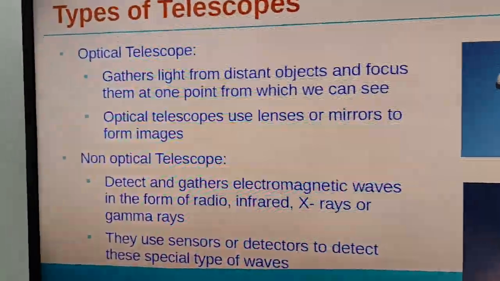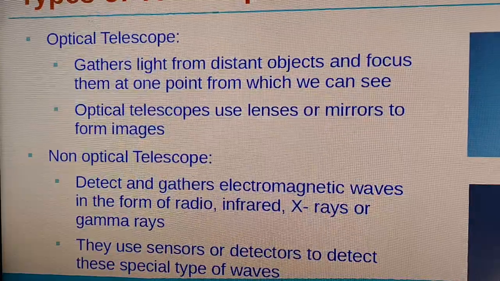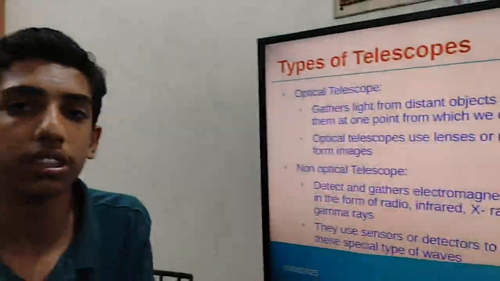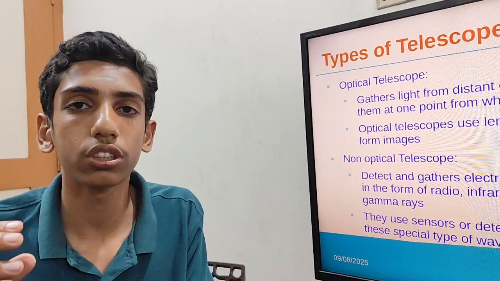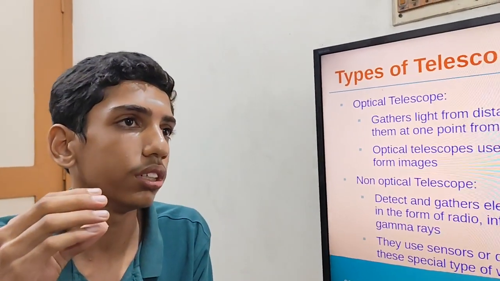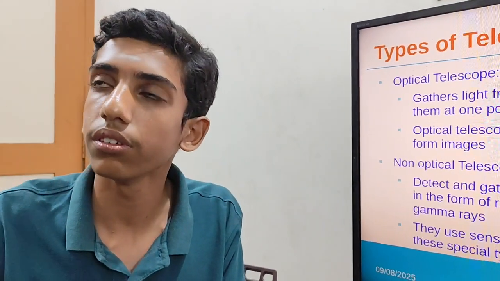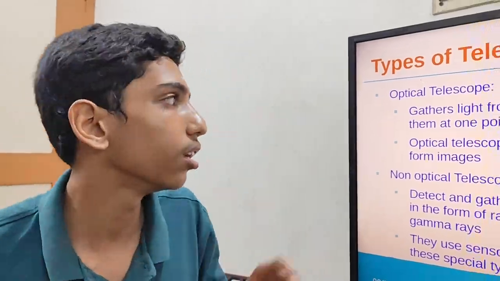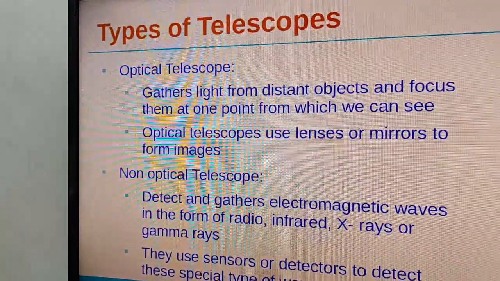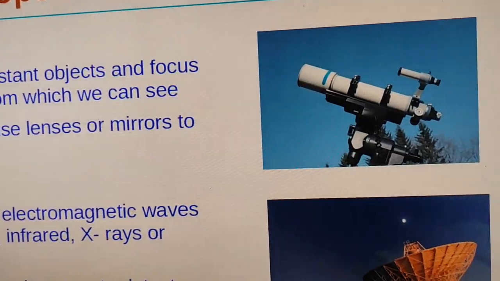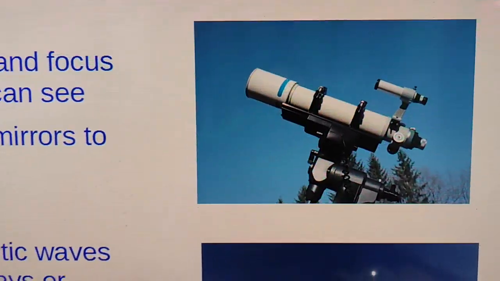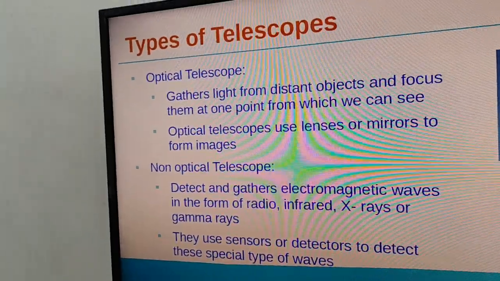Now we will learn the two types of telescopes, optical and non-optical. Optical, the word optical means eyes. So these are the telescopes from which we can see the images exactly by the eyes. The optical telescopes use lenses or mirrors and focus the light rays at one point, and we can get the image of that object which we are focusing.